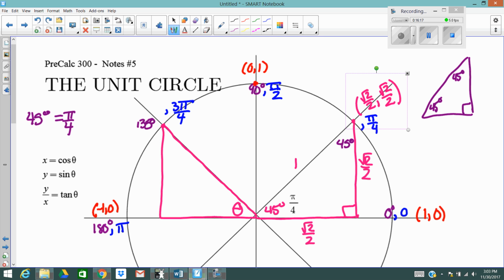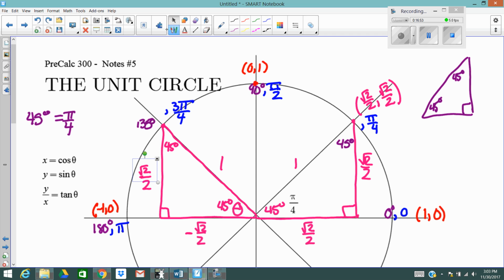Now my actual angle is 3 pi over 4, but my reference angle, again, is 45. So if I have a 45, 45, 90 right triangle with the hypotenuse of 1, I know that opposite the 45 is square root of 2 over 2. Since I went left on my unit circle, that is going to be negative. Since I went up, that will be positive.